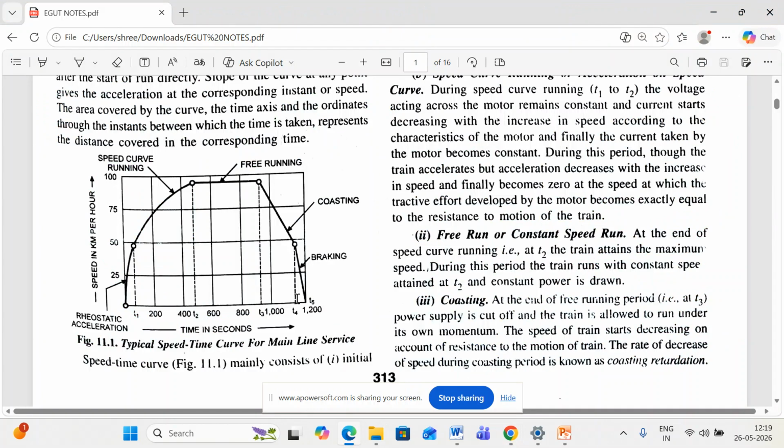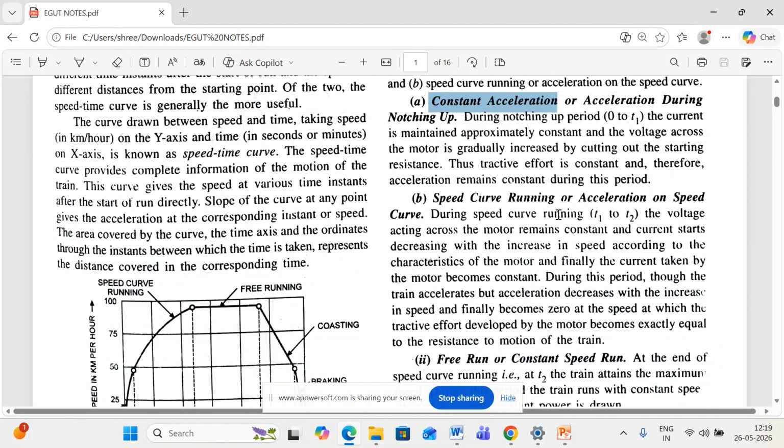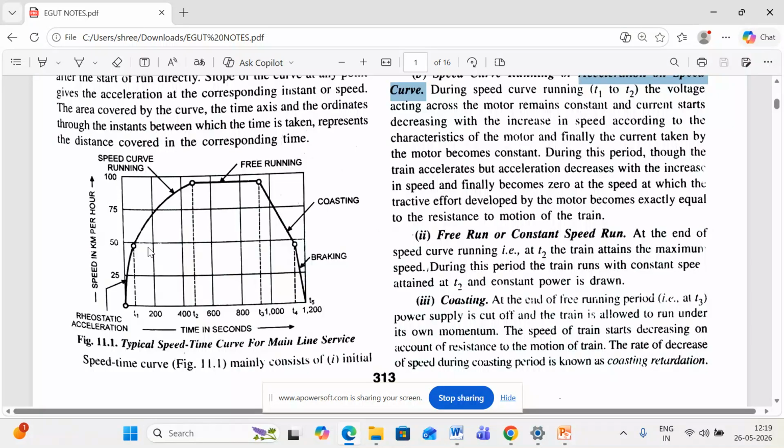Now the next phase is called acceleration on speed. During this phase, the velocity is slightly decreasing. After the first gear, when you put the second gear or third gear, the vehicle gains some momentum, and even though the velocity is increasing, the acceleration will decrease.